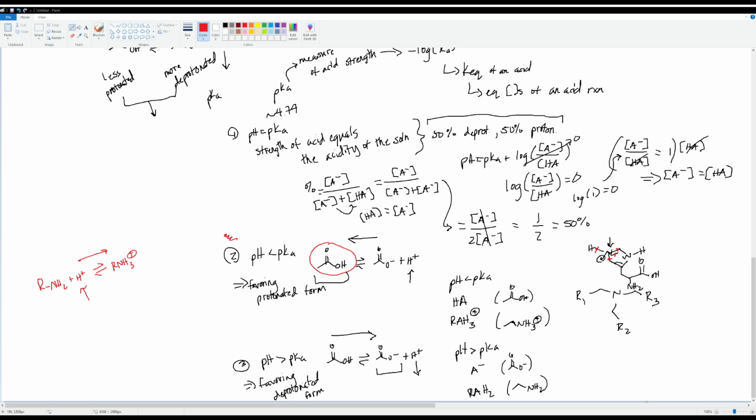So technically a base is something that would accept the proton. So in a solution, when you have a base, this is something that can accept a proton. So this would be considered a base. What's another good base?